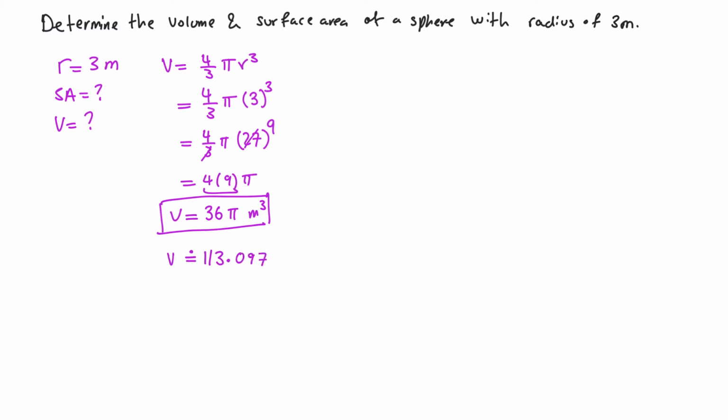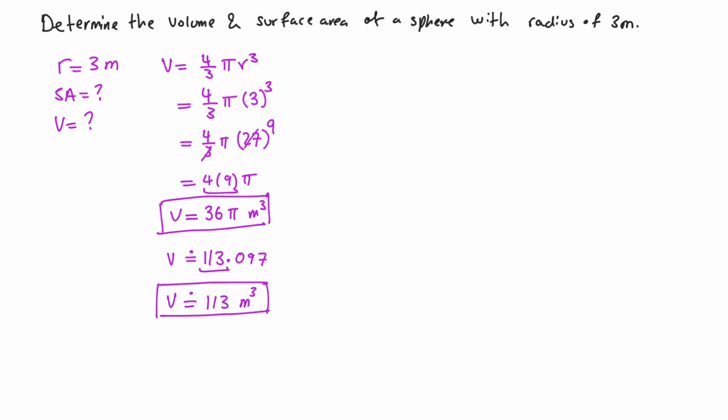And usually I leave my answers in 3 significant figures. So this is my first, second, and third significant figures. And after the third significant figure, my fourth one is a 0, so I don't have to round this up. So I can write my final answer as approximately 113 meters cubed. And I'm just going to put a box around this answer.